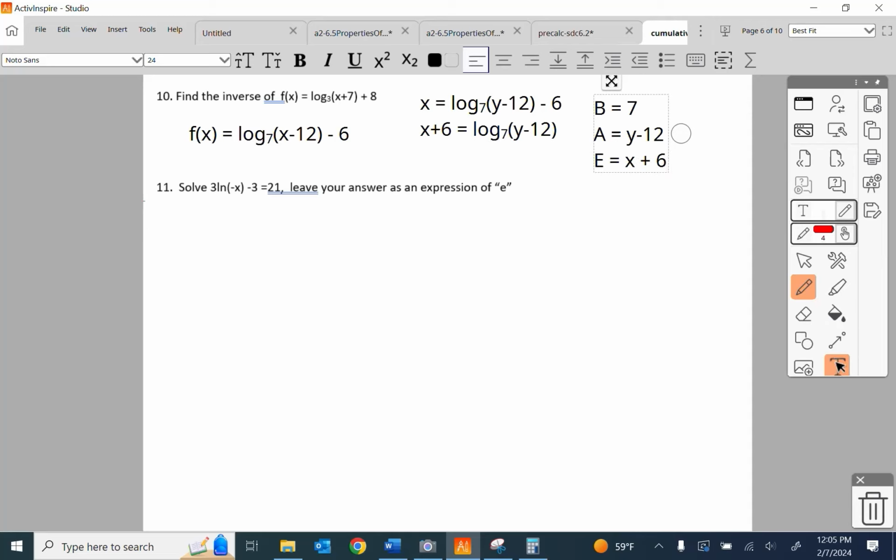And then, boys and girls, I'm going to convert into exponential notation. There's my base. It's 7. It has an exponent of x plus 6. And that has to equal the argument, or the answer, y minus 12. I am going to add 12 to both sides.